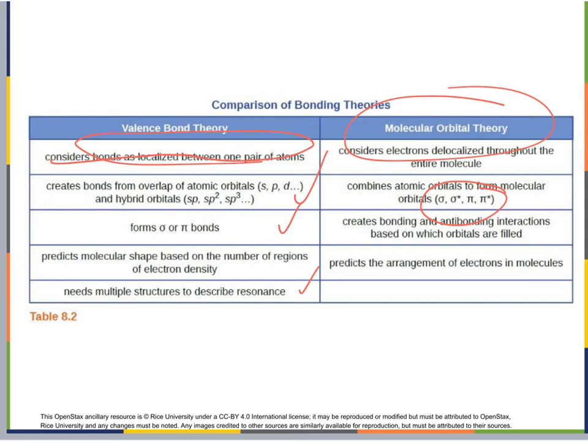That means we then have bonding and antibonding interactions, and we can predict whether or not something will bond by looking at that. And then again, it predicts the arrangement of electrons in molecules.